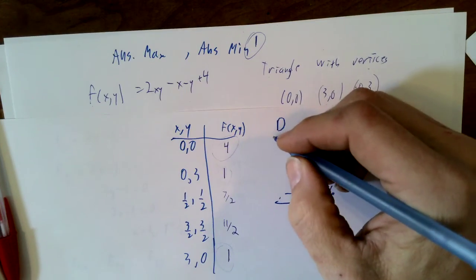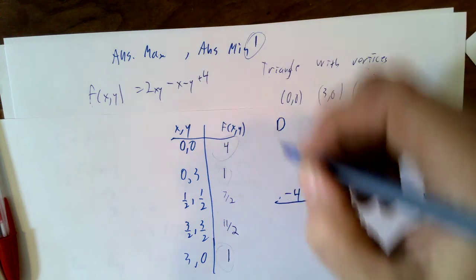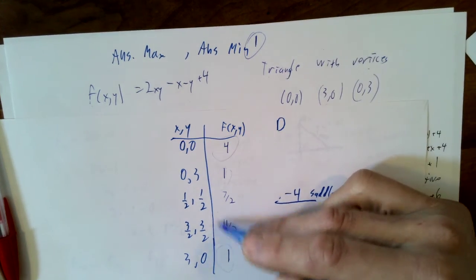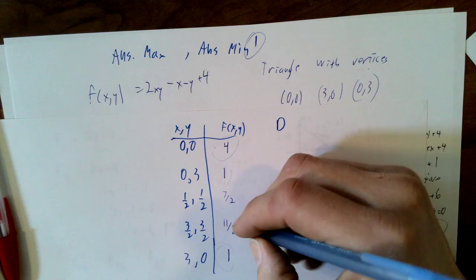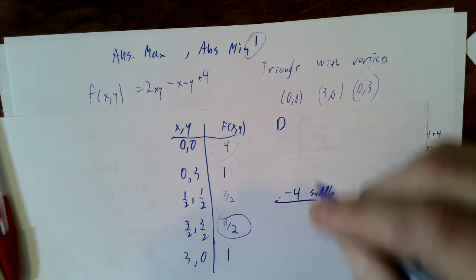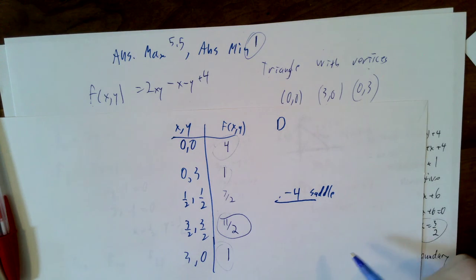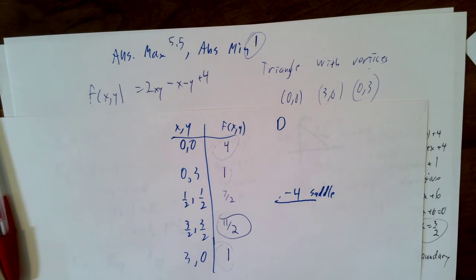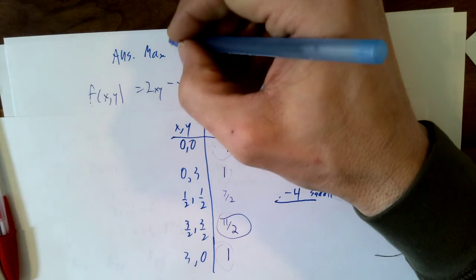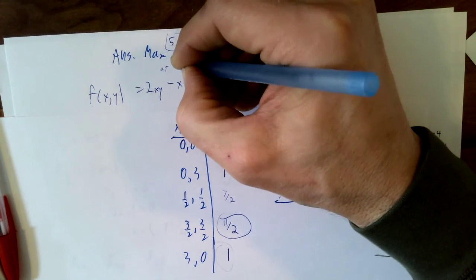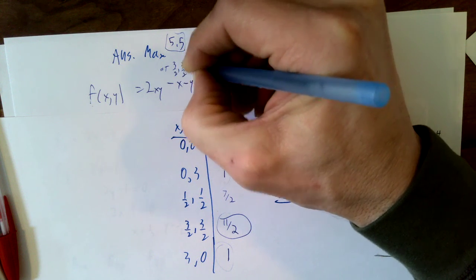And the absolute max is, wait, this is higher than 4. I'm sorry, I circled the wrong thing. 11 over 2 is bigger than 4. Absolute max is 5.5 out there at sort of the vertex along that diagonal boundary. So the absolute max is here at 3 halves, 3 halves.